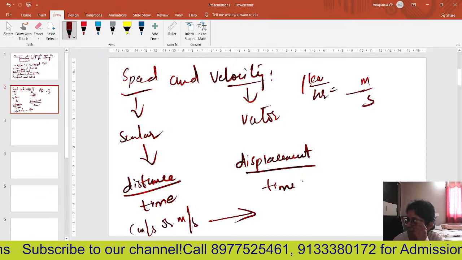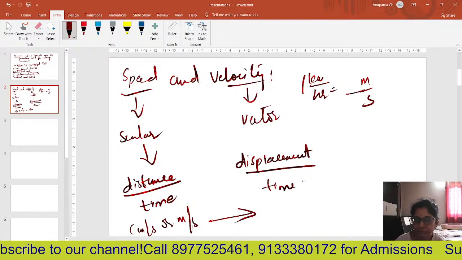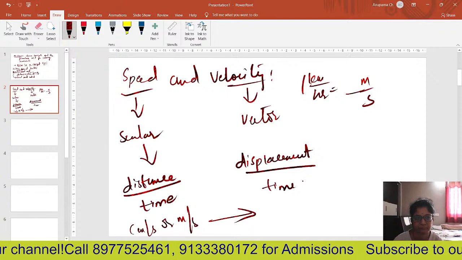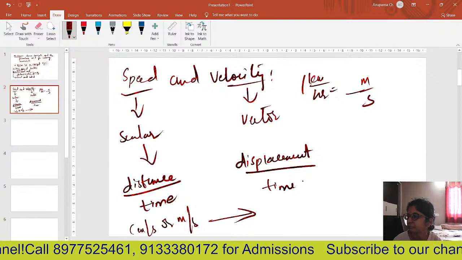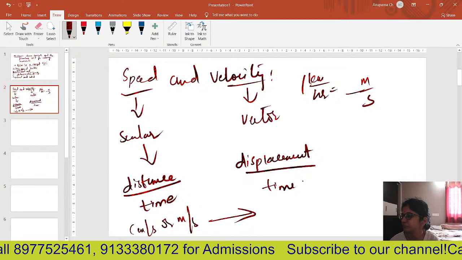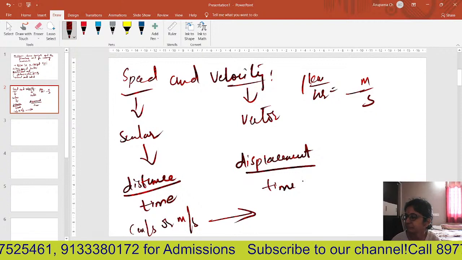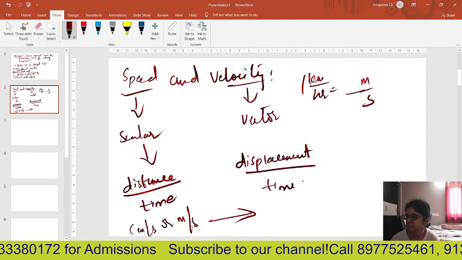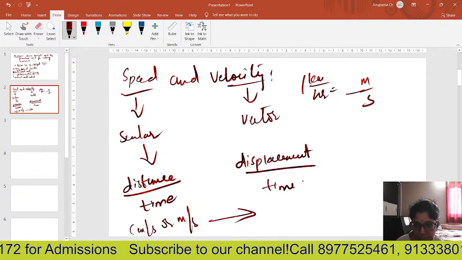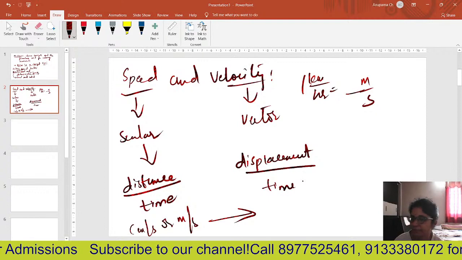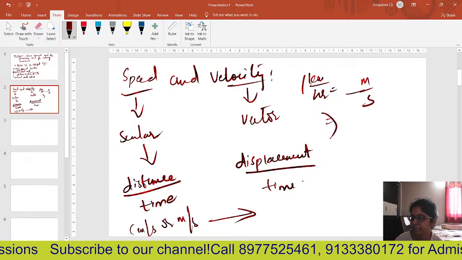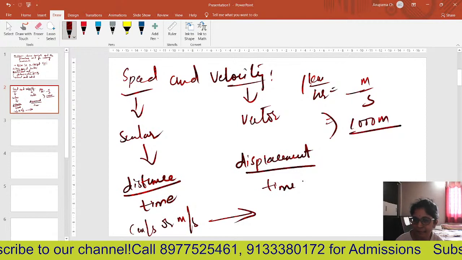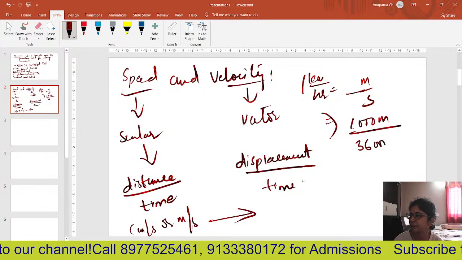1 kilometer per hour is equal to 1 kilometer, how many meters? 1000 meters. By 1 hour, how many seconds? 3600 seconds.